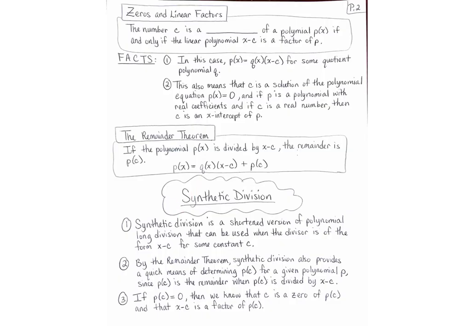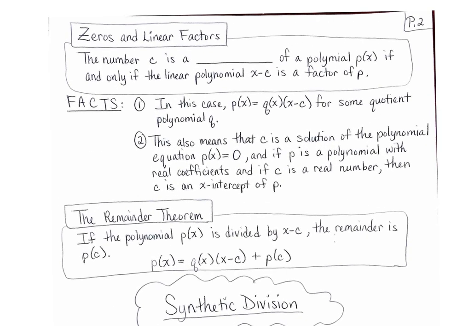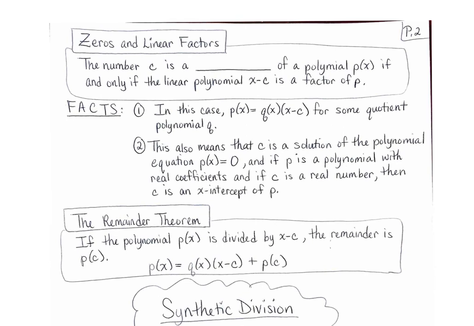Okay, so let's talk about what this means in terms of zeros and linear factors, because putting all of this together in a minute is going to be helpful for us in the long run. The number c is a 0 or solution or root or x-intercept of a polynomial p of x if and only if the linear polynomial x minus c is a factor of p.